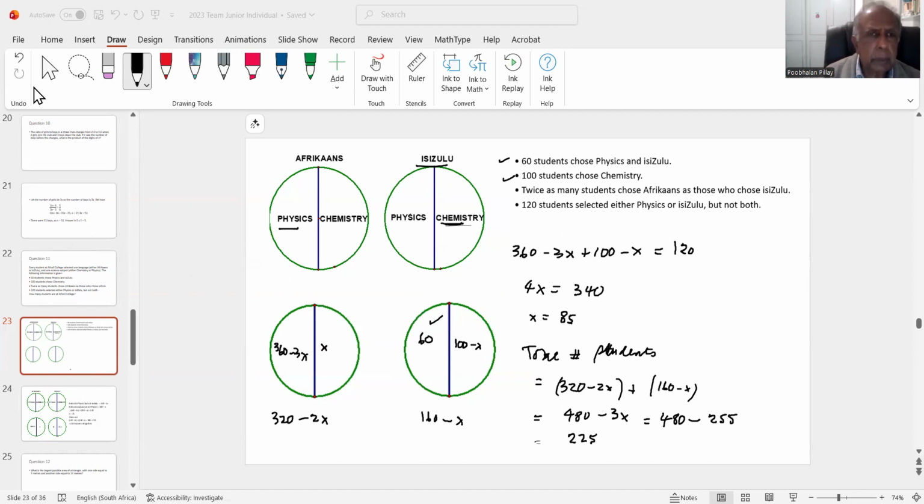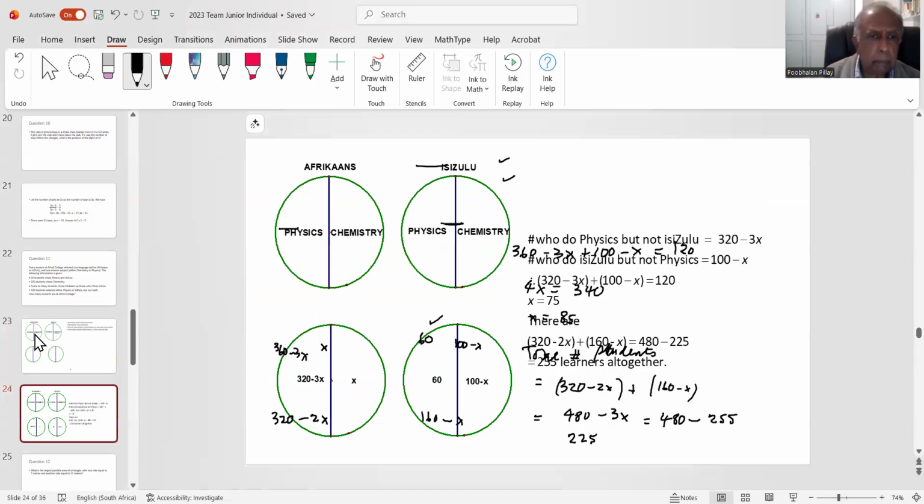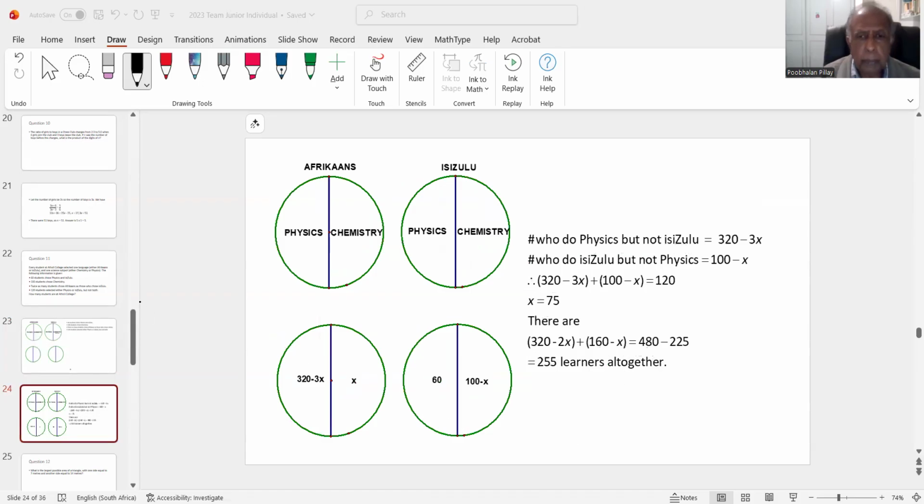Somehow I don't remember that one. Let's look at what the actual answer is. Okay, now that's fine. I think I add all these numbers. I can quickly add all those numbers, so that's okay.